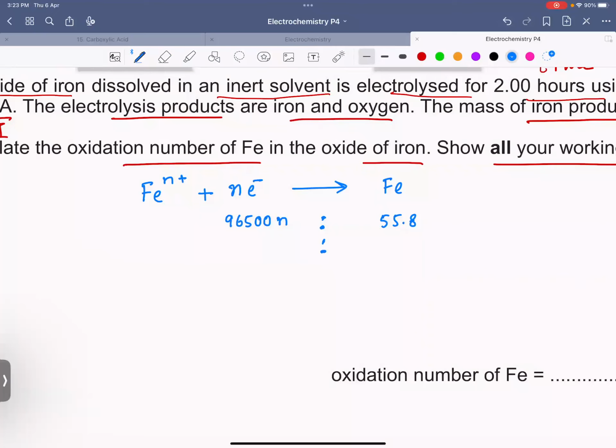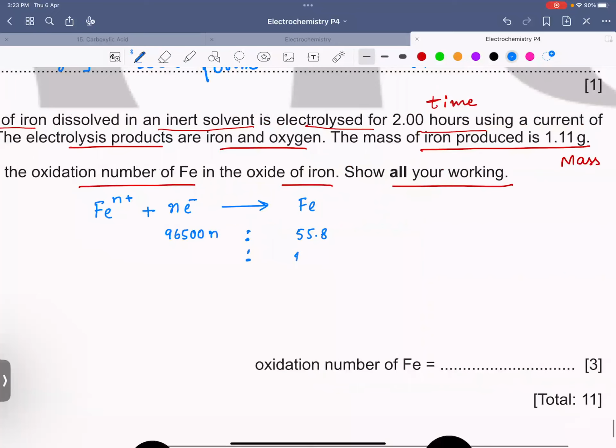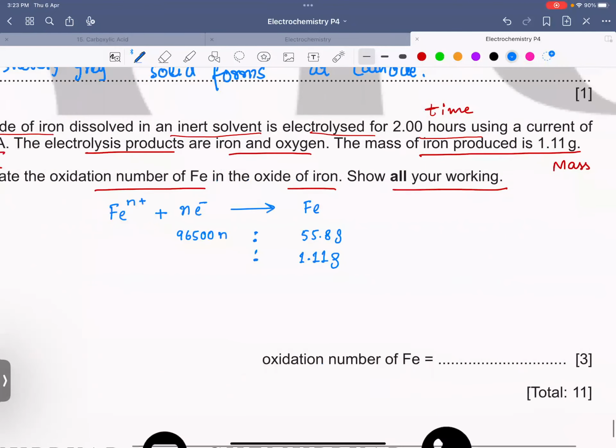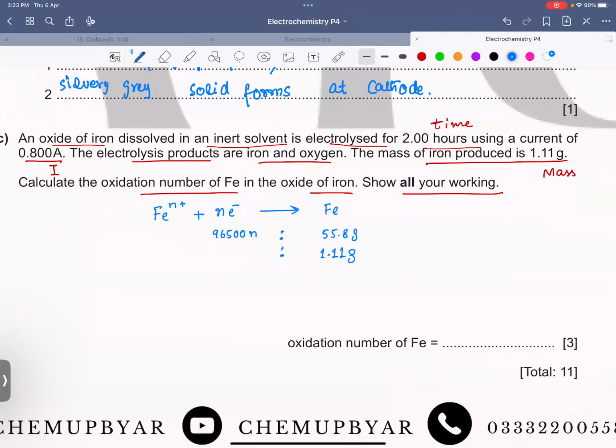So during the experiment, 1.11 gram of iron is produced. And this iron is produced from 2 hours time and 0.8 ampere.